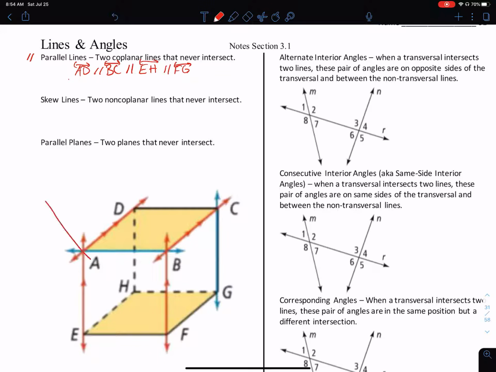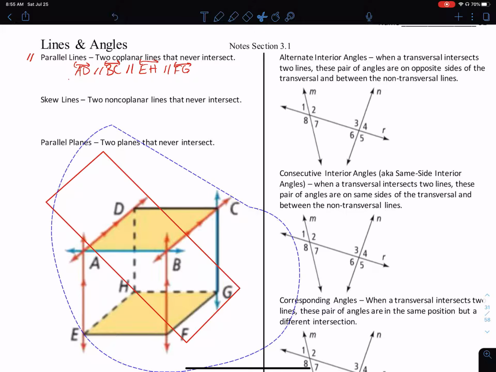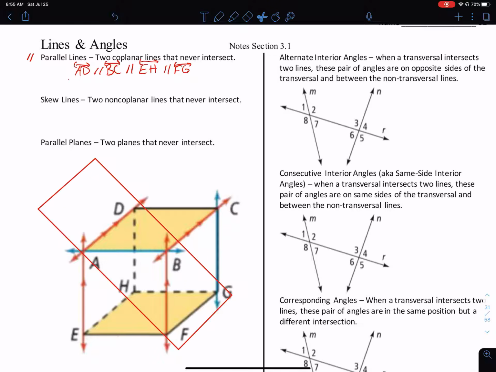Well, if I had a plane that came in here at a diagonal, like so, and cut through this, hopefully you can see that you could have a plane that goes through that diagonal. You got to use your imagination a little bit, and if you can't, physically look at things in your room and use a sheet of paper as an imaginary plane.